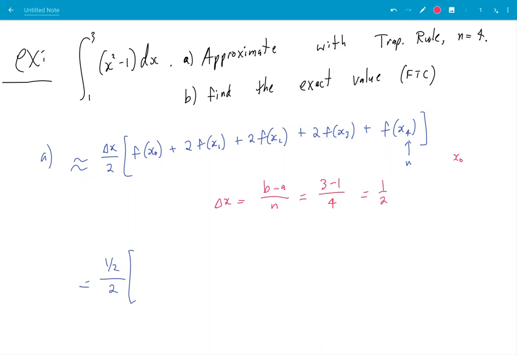So x0 is a, which is 1. And then I add a half to move forward. x4 is my 3.